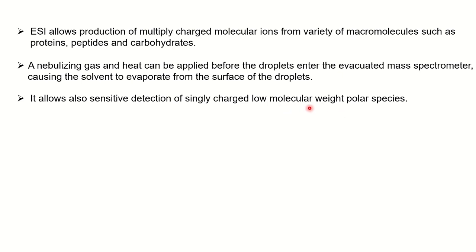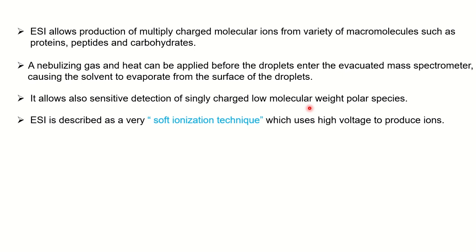This is the application of ESI, and it is also known as a soft ionization technique, which uses high voltage to produce the ions. Soft ionization because here we are not using any harsh conditions, and the schematic diagram is also very simple. It is very easy to interface between the HPLC and mass spectrometer. So one of the widely used ionization techniques is the electron spray ionization technique.